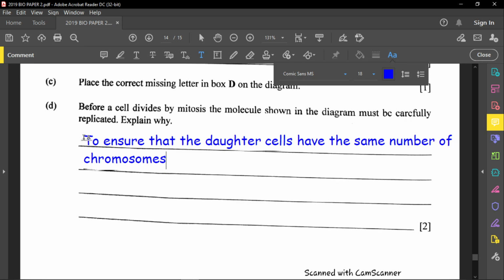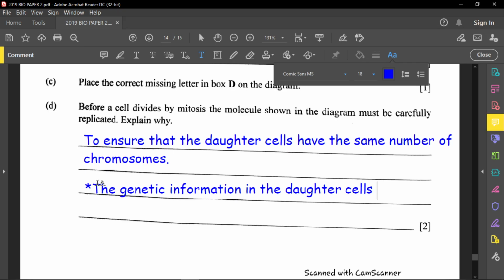Or at least the daughter cells have the same genetic information as the original cell, because this is mitosis. Mitosis produces cells that are genetically identical to the parent cell. So the genetic information in the daughter cells will be the same as the parent cell.